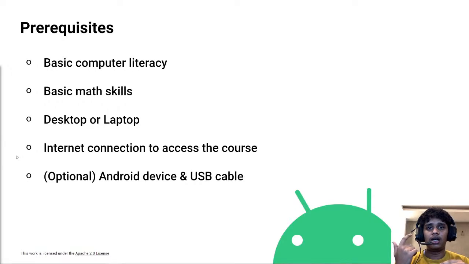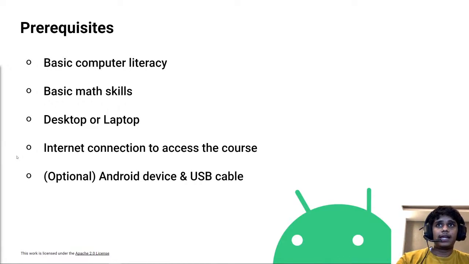Let us say your laptop has 8 GB of RAM, but sometimes the virtual emulator doesn't work. Then you can connect your mobile to your laptop and run your app on the mobile. Those are the basic requirements.